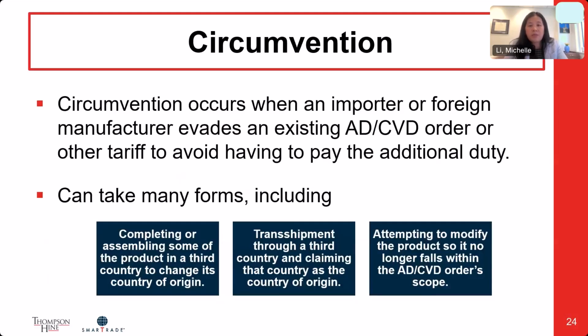Now, circumvention may take many forms, including completing or assembling some of the components in a third country, or transshipment through a third country and claiming that country as the country of origin, or attempting to modify the product in a minor respect.